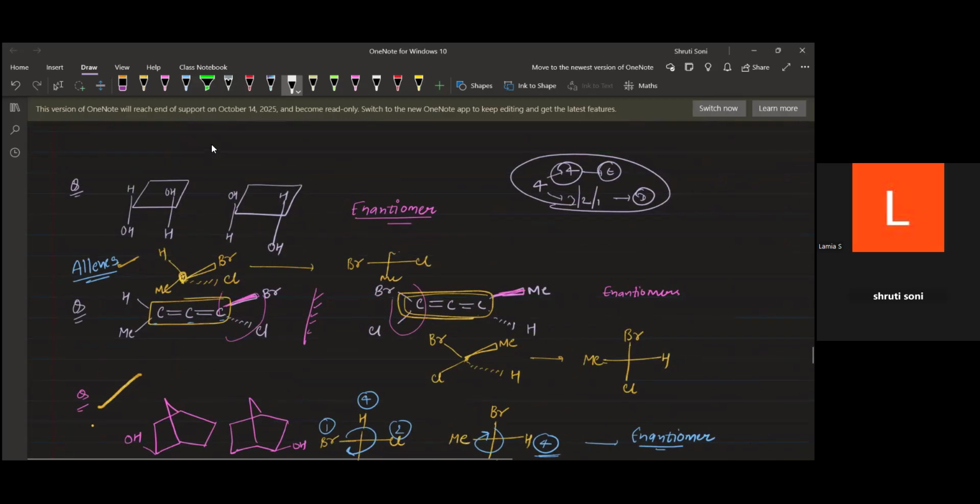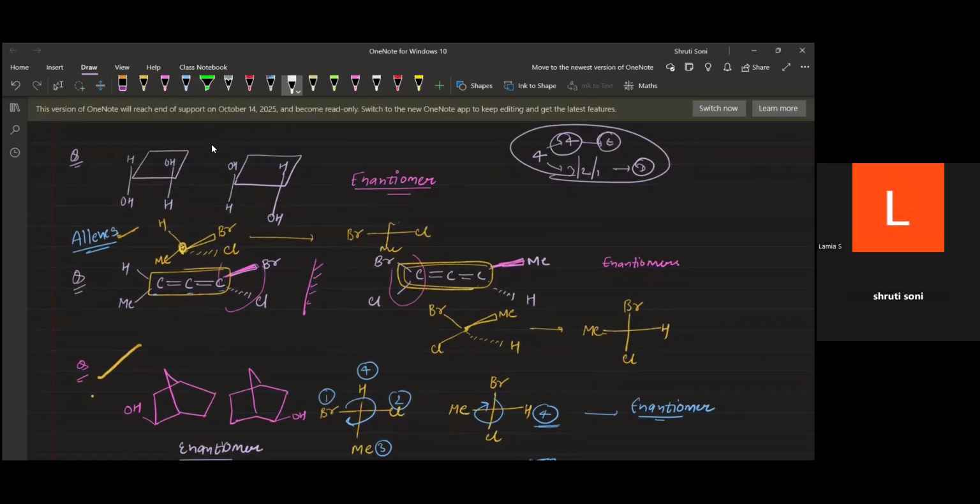Is anything from this? This one. Oh, cis and trans. No, wait, can you go up more?